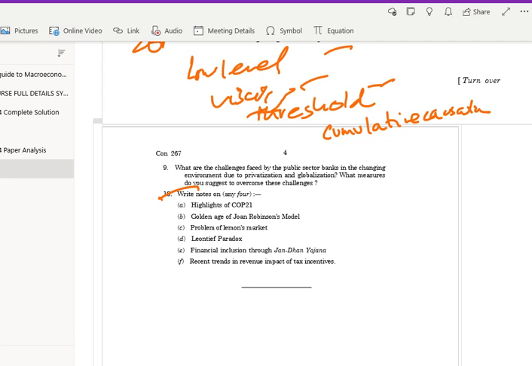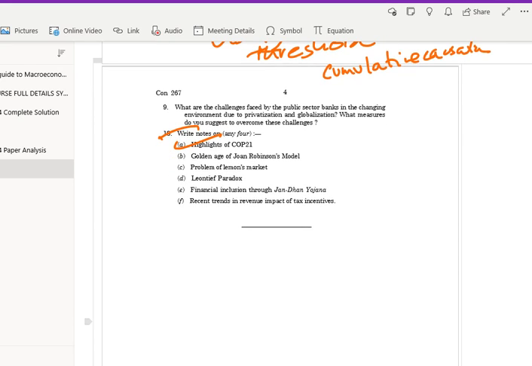If I take the first one only, highlights of COP21, how will you answer this one?